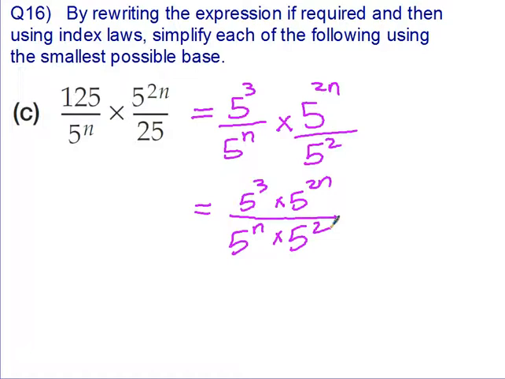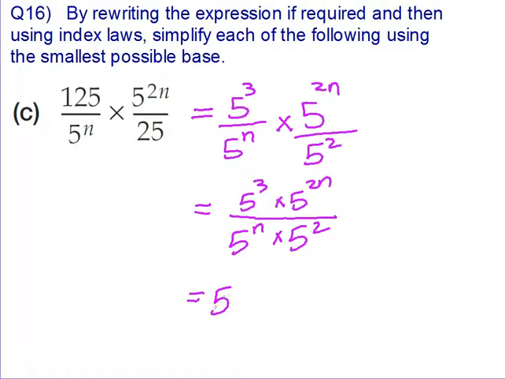Okay, now we can do some simplifying. We've got 5 to the power of 3 divide 5 to the power of 2. So I can just go ahead and subtract indices. And that's going to give me 5 to the power of 1, because 3 minus 2 is 1, or just 5.